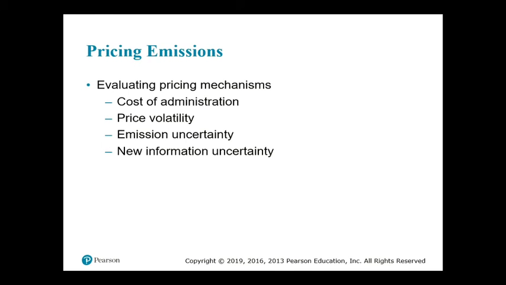New information uncertainty. Anytime in the future, there could be a new technology, a more efficient way of reducing emissions. So these could lead to different costs for companies to reduce their emissions and change the pricing policy. And industry competitiveness is another consideration.